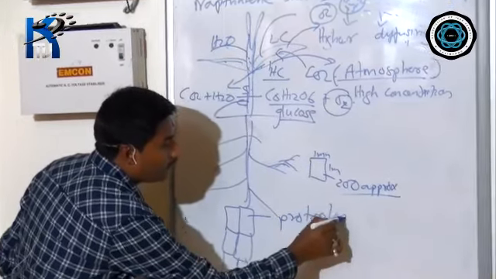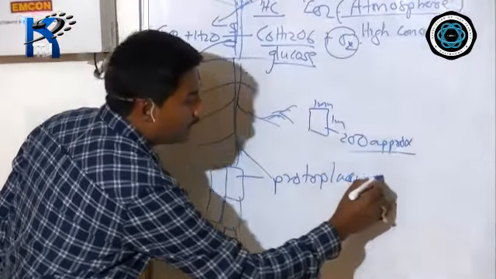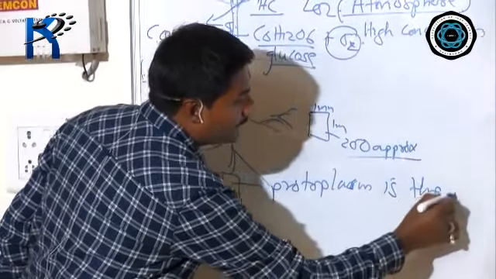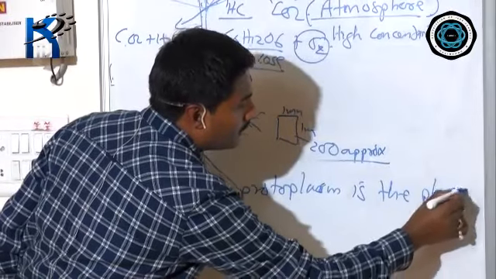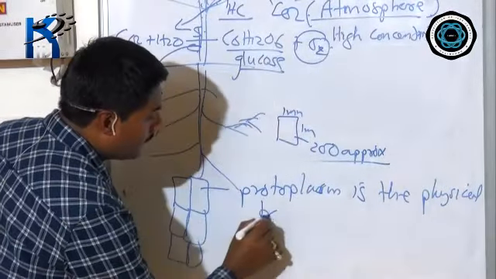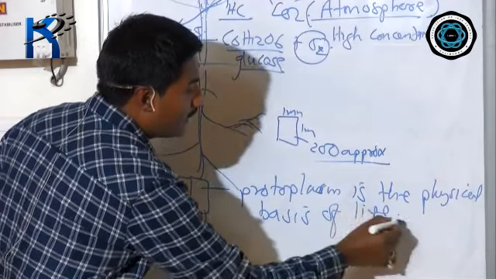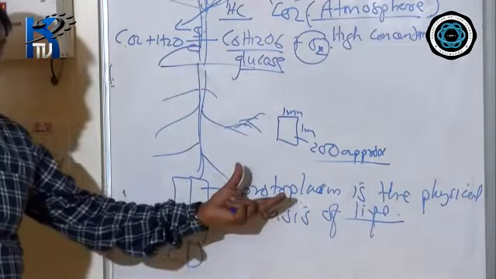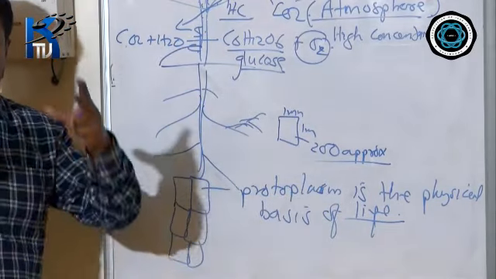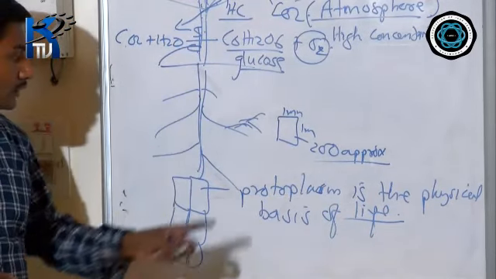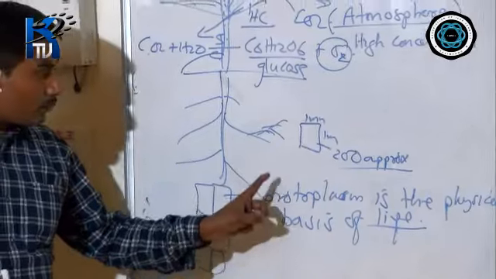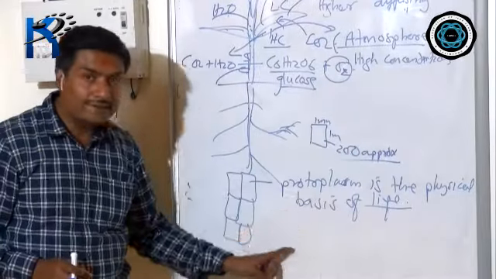The protoplasm is the physical basis of life. That means life exists because the protoplasm is in a living condition. That is why protoplasm is the physical basis of life.